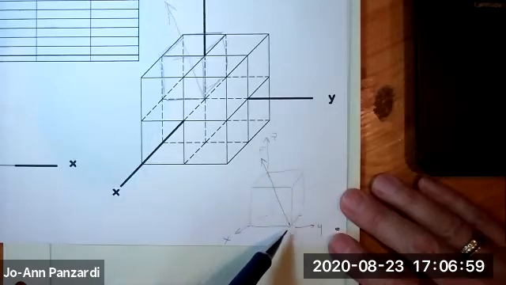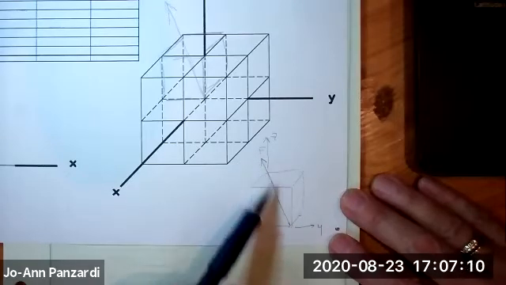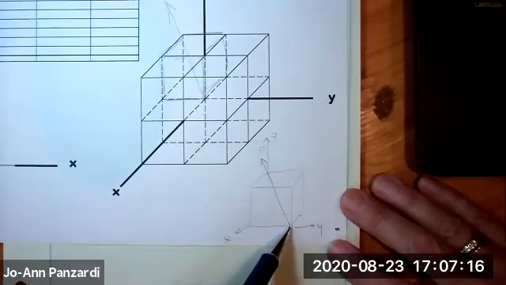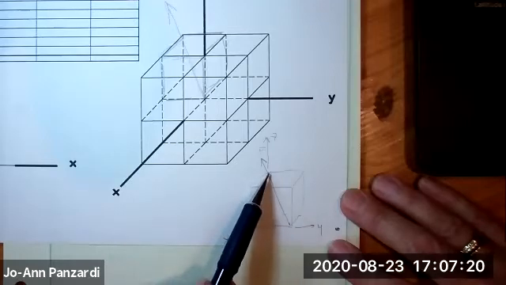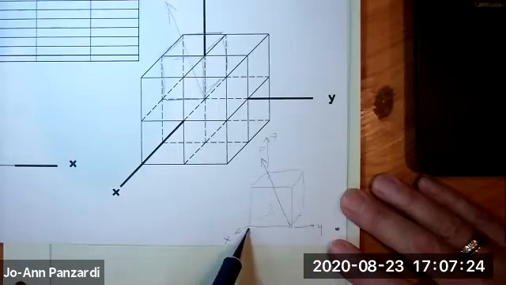But basically, going from the front bottom right corner to the top back left corner, this force is going in the negative X direction. It's going in the negative Y direction.